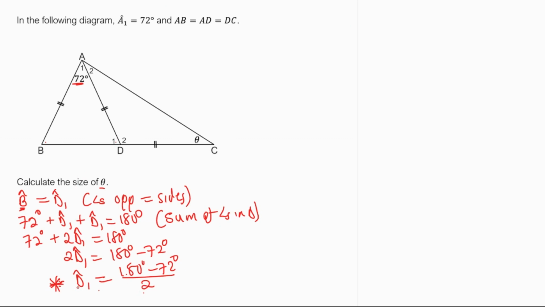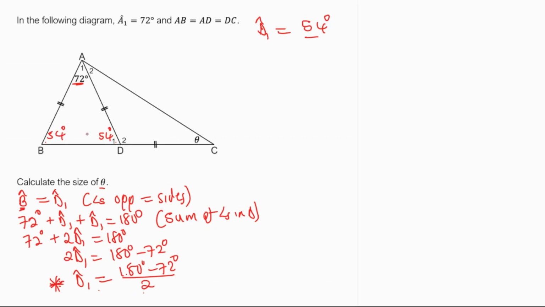Right, so angle D1 is equal to 180 minus 72 divided by 2. This is equal to 54 degrees. So this is 54 degrees. This is also 54 degrees.